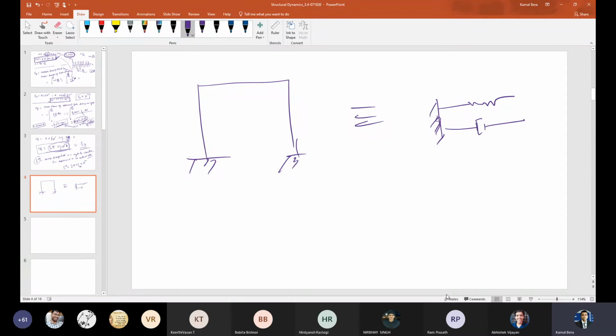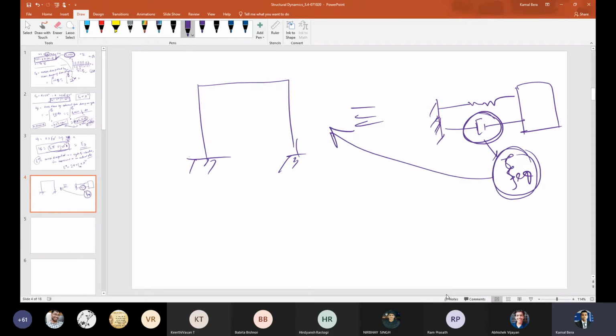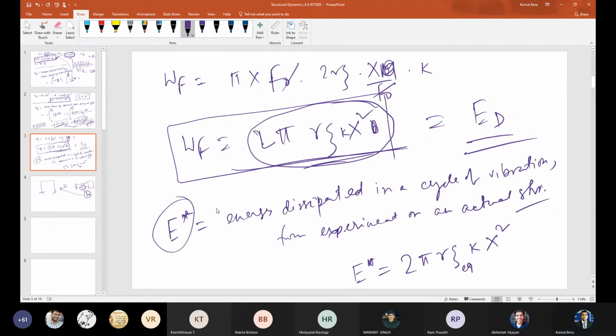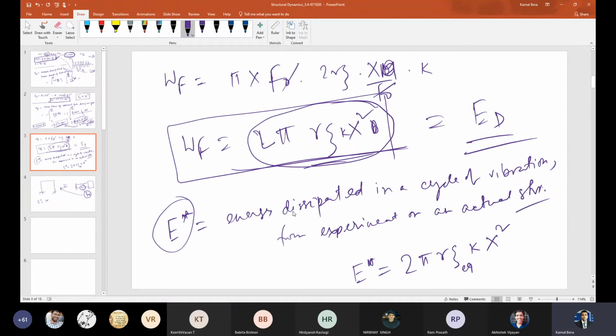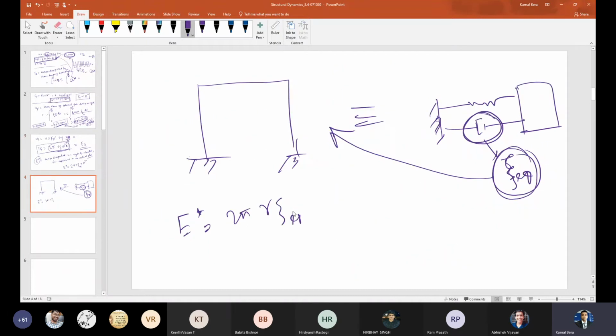So this is in terms of some zeta equivalent, although C can be found from zeta. I am calling this the zeta equivalent for this structure. So E star equals 2 pi r zeta equivalent k x square.